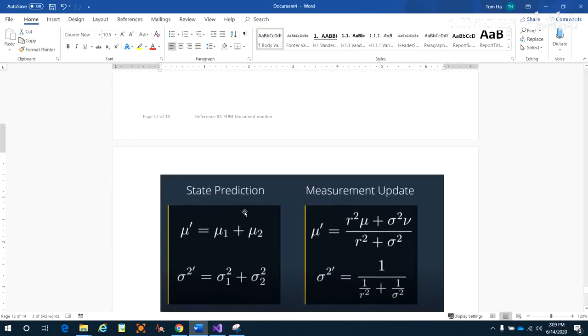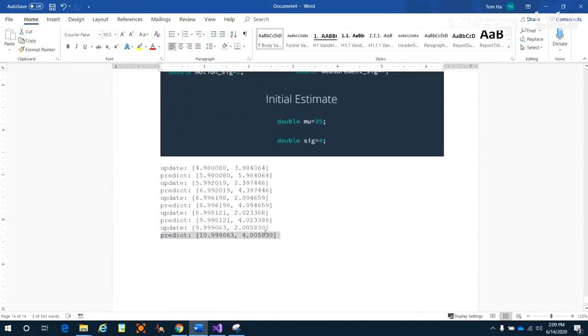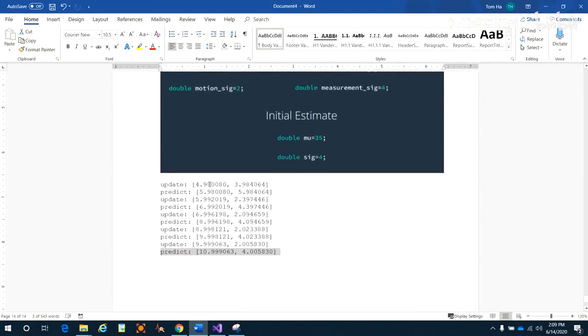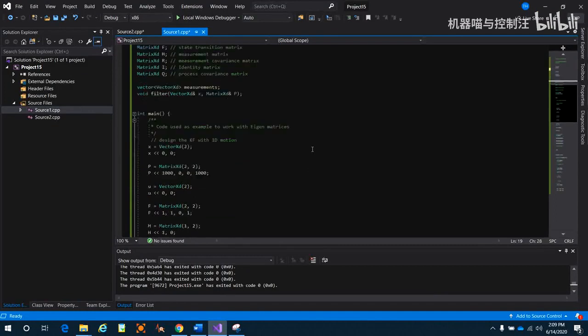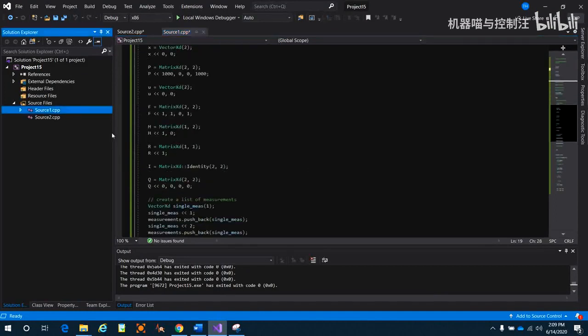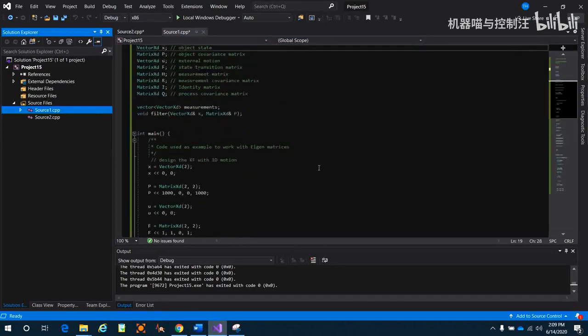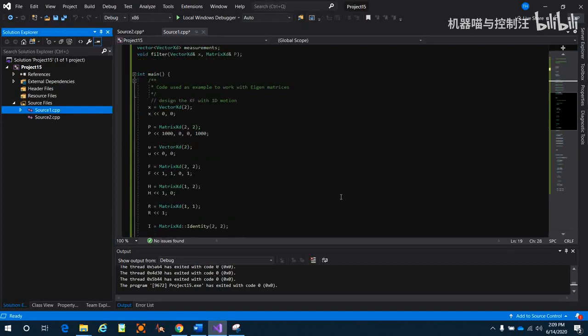So let's go to how to program it. I want you to program this to get a result and see the difference between the updated measurement and the predicted state of the robot. You can use Visual Studio, downloaded as Visual Studio 2019.